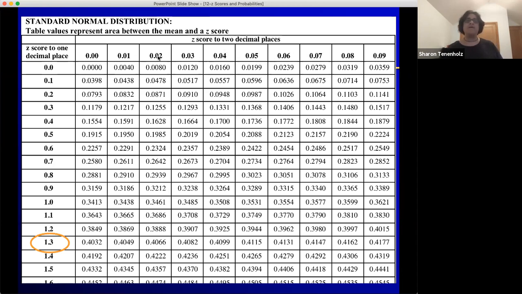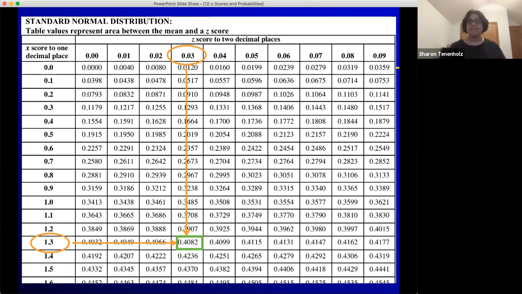So our score was 1.33. Here's the 0.03. We simply need to find the convergence of that row and that column. So the probability we're identifying from this table is 0.4082.